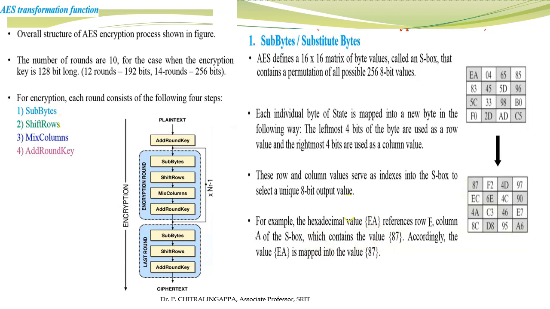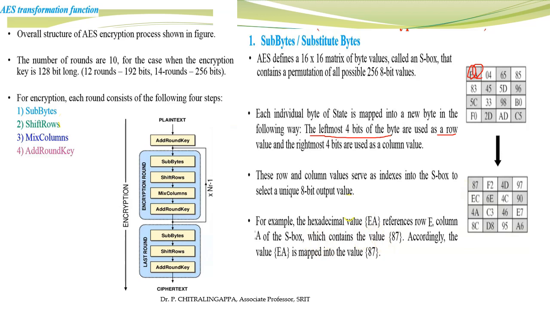AES defines a 16 by 16 matrix of byte values called the S box, which contains a permutation of all the possible 256 8-bit values. Each individual byte of the state is mapped into a new byte in the following way. The left 4 bits of the byte are used as the row, and the right 4 bits are used as the column. These row and column values serve as indexes into the S box to select the unique 8-bit output value.